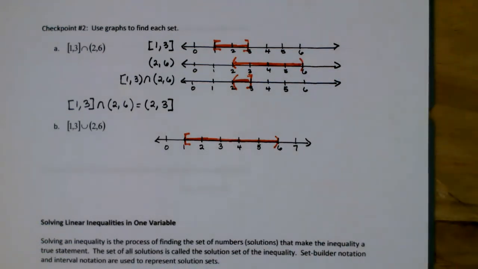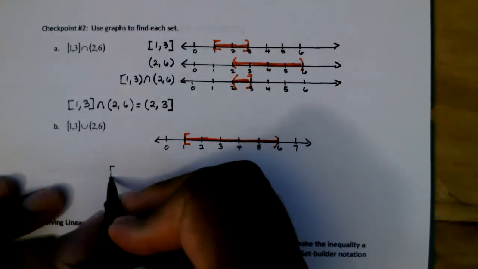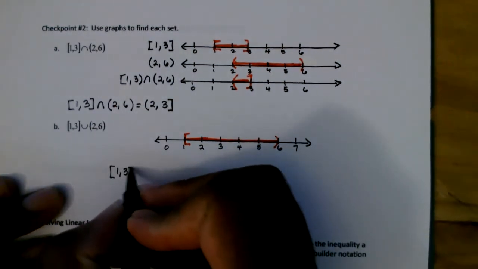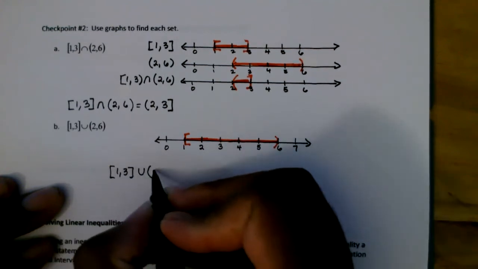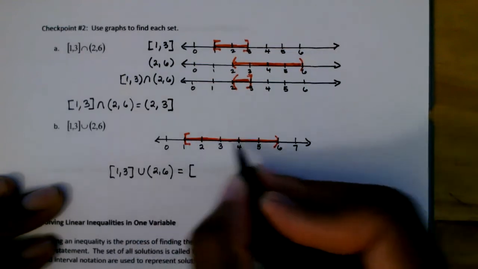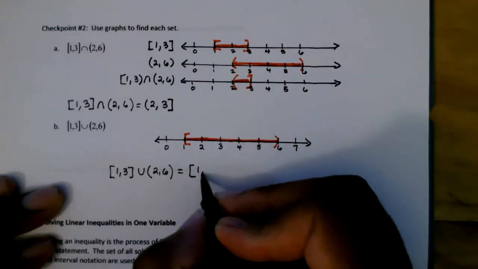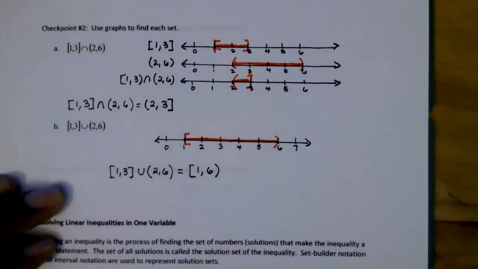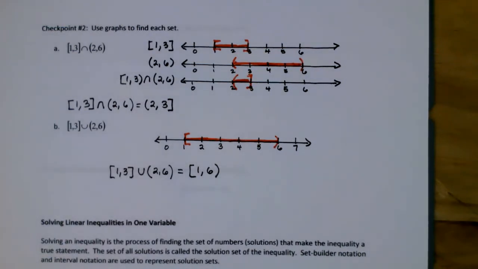All right, so that means the union of these two is going to be this interval from 1 all the way up to 6: [1, 6). 1 has the bracket and 6 has the parenthesis.